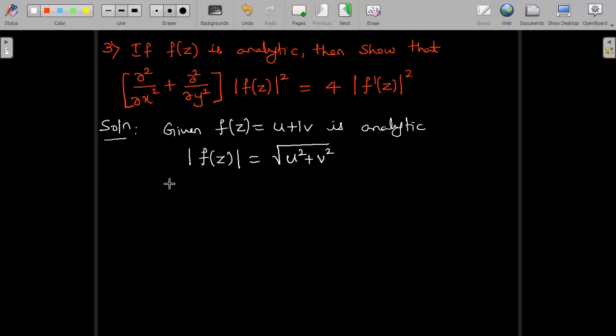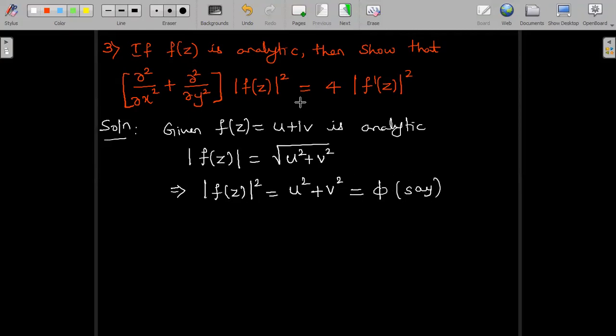So let us take mod f of z whole square now. So this gives us mod f of z the whole square is equal to, squaring on both sides, u square plus v square. Say this is equal to phi. U square plus v square. So mod f of z whole square value is also phi.